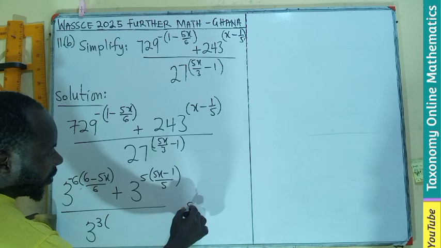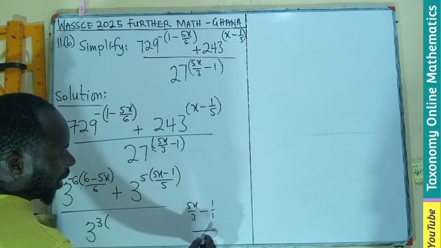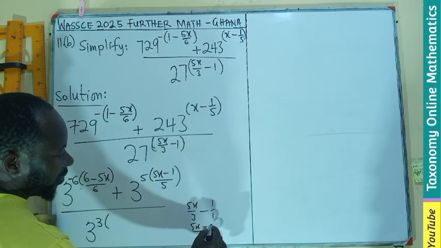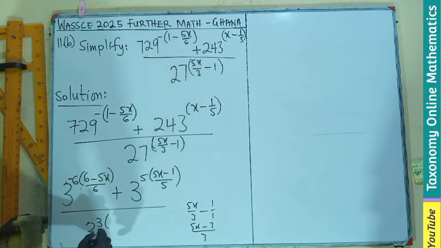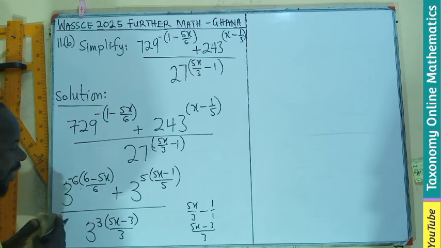Then (5x over 3 minus 1 over 1), LCM 3, so we have (5x minus 3) all divided by 3.